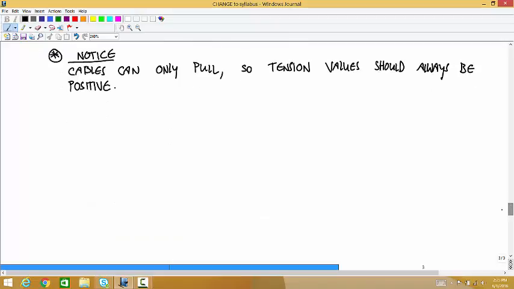Okay, let's do one more cable example. Have you seen problems that have to do with pulley advantage before in physics? It's pretty cool how it works. So let's say that there's a system of pulleys like this.